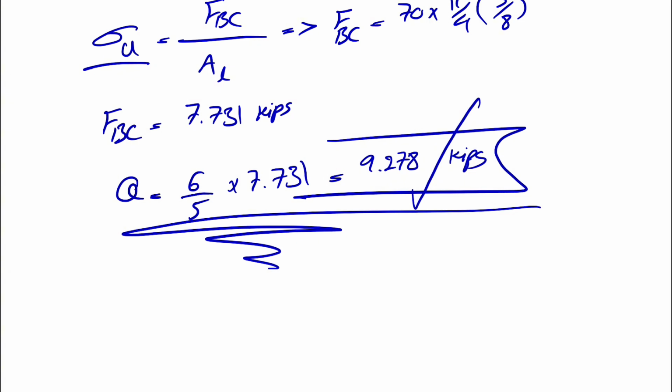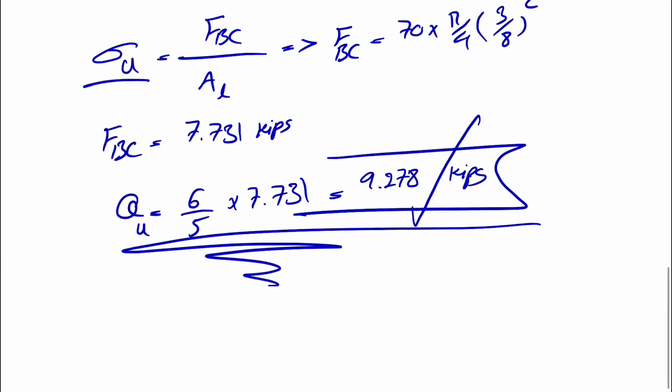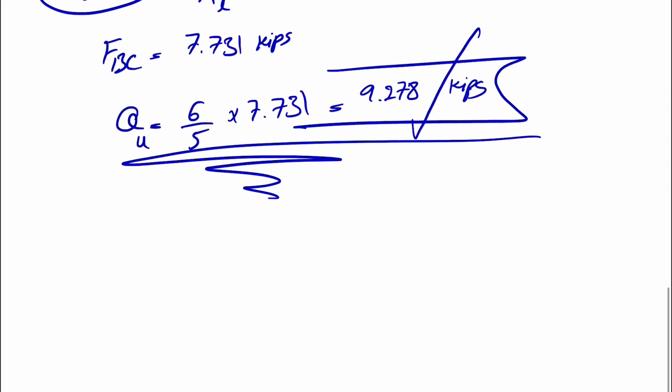And the question is not over yet, because all of the forces that we found, or the Qs that we found so far, are going to be ultimate Q, because we found them based on the ultimate strength, and factor of safety is ultimate strength over the Q that the question is asking, and we have to watch for that factor of safety too.